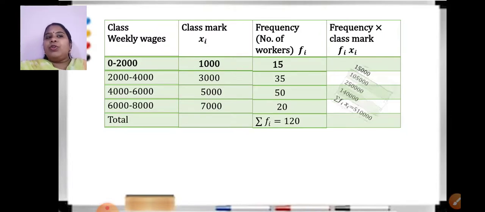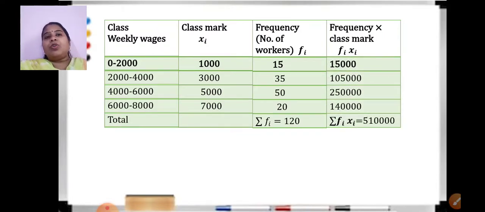You need the total of this column too, summation of fi xi. It comes to 15,000, then 1,05,000, 2,50,000, 1,40,000, and when you add all this, it comes to 5,10,000. I hope you have understood till here.